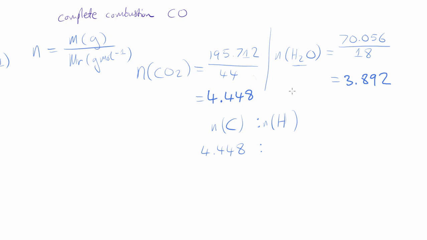So for us to then figure out, okay, well, what's the comparison? The moles of carbon, the moles of hydrogen, actually we need to multiply this by 2, right? So we need to do 3.892 multiplied by 2. Okay, so at this stage I would invite you to have a go and work out what that is going to be.